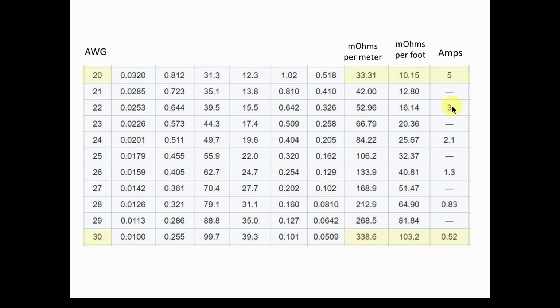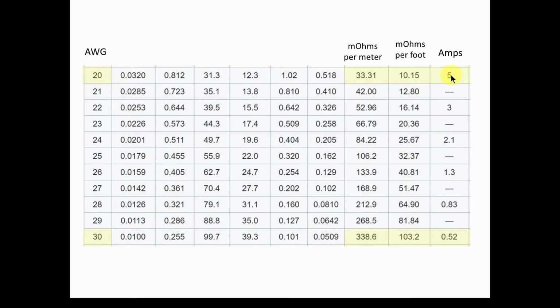So we're in a decent ballpark because this transformer has a 4 amp secondary 12 volt rating. So we might think maybe it's closer to a 20 AWG, which is 5 amps. For a good ballpark, let's assume that it's a 20 AWG conductor. You can get your calipers out if you want to get all excited about micrometers, but I don't care about that.